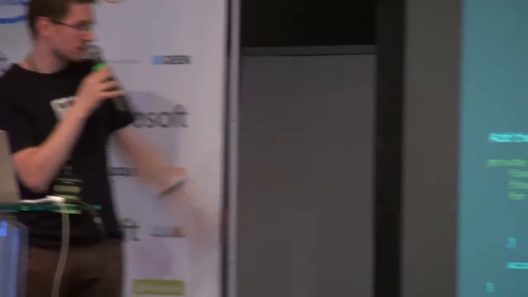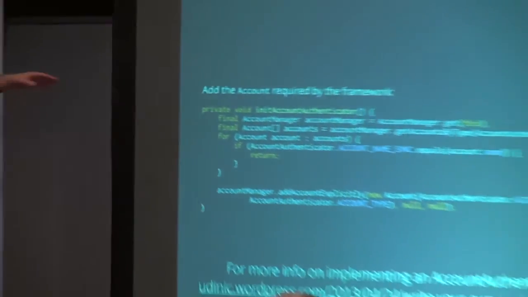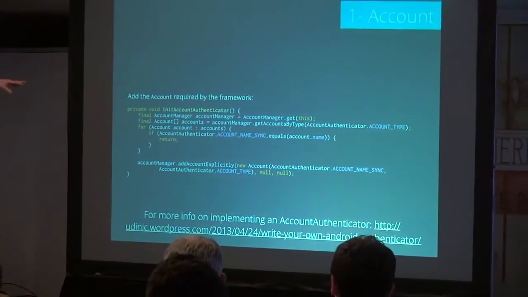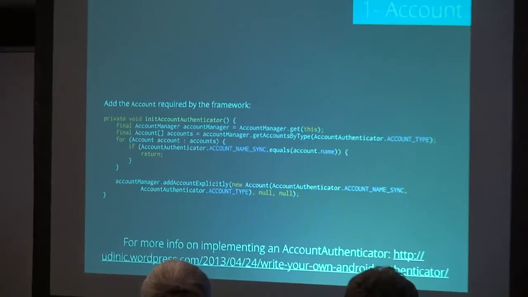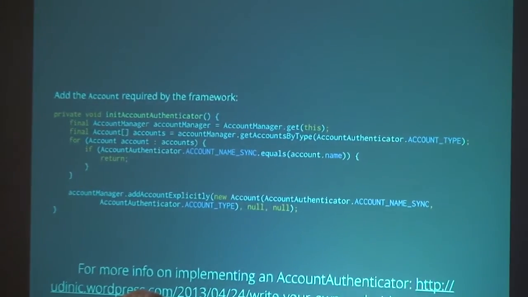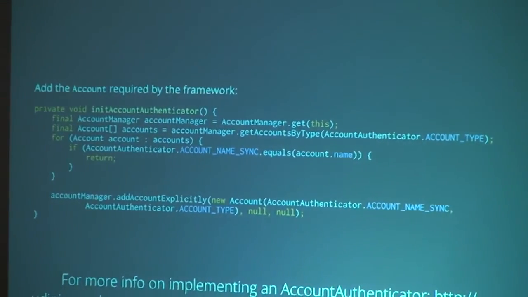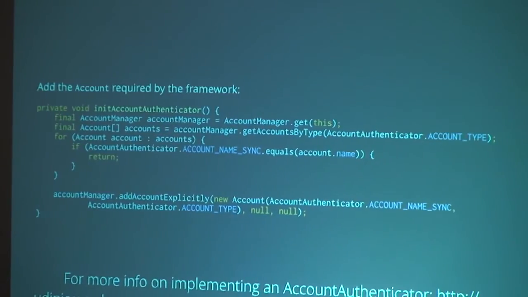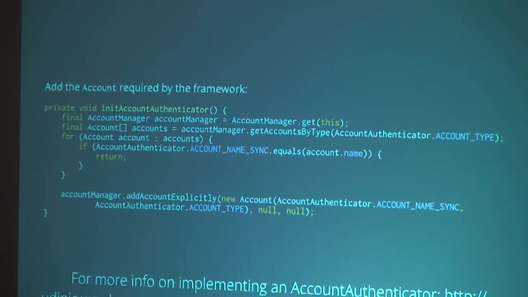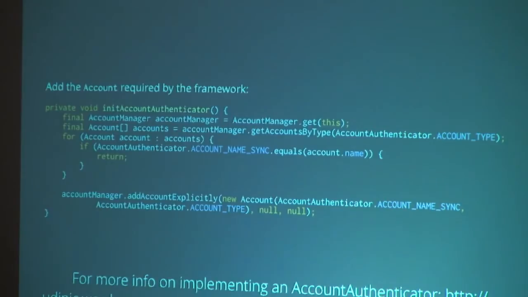So we need to create a fake account for the user. So when we start our application, we need to look into every account that is available for our account type. If we find one, we don't need to do anything. Otherwise, we need to create a fake account for our account type with a fake account name. So this is how we do a fake account authenticator if you don't need it.